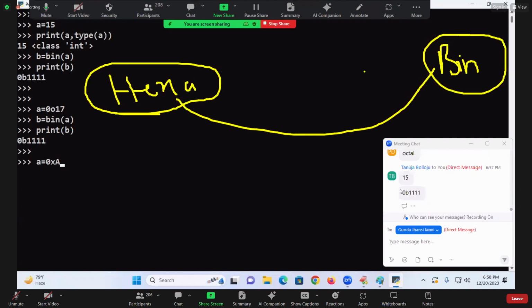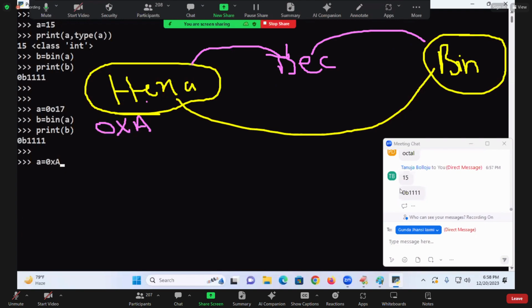For your better understanding, students, hexa to decimal, and from decimal to binary. What is my data, students? 0xa. If I convert it into decimal, what is that value? 10. What is the 10 in binary? 1010. 1010, how you got it? You know, no?